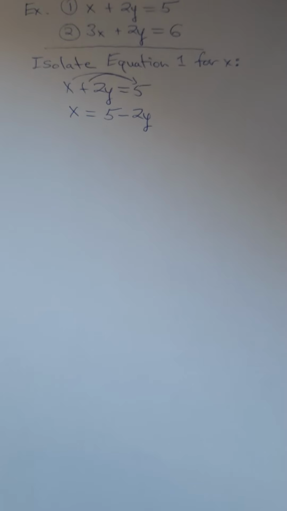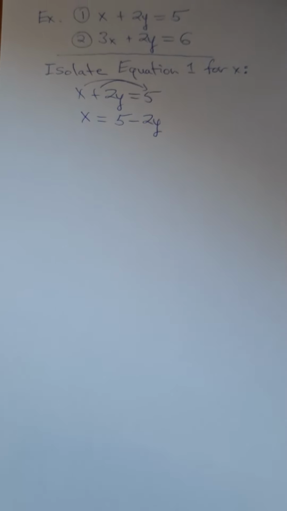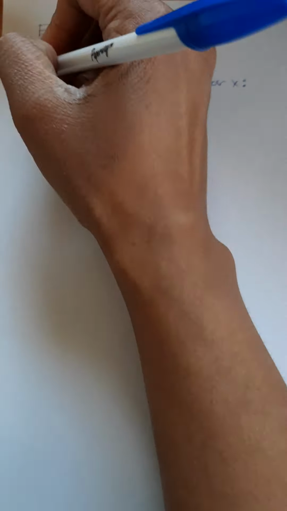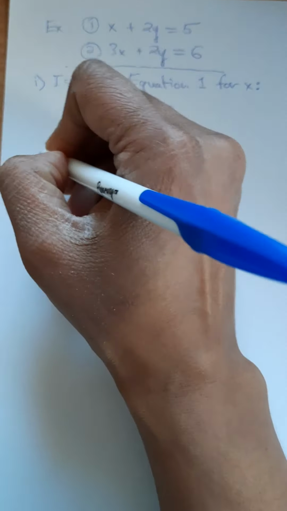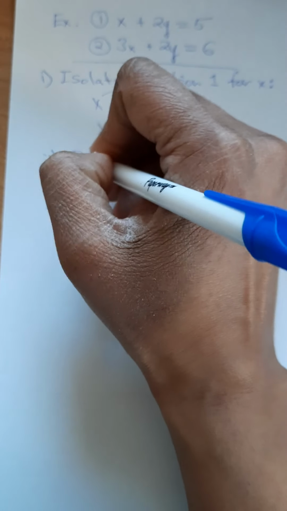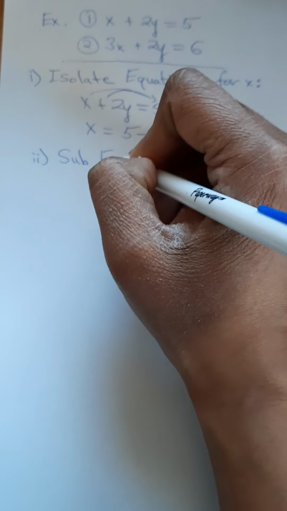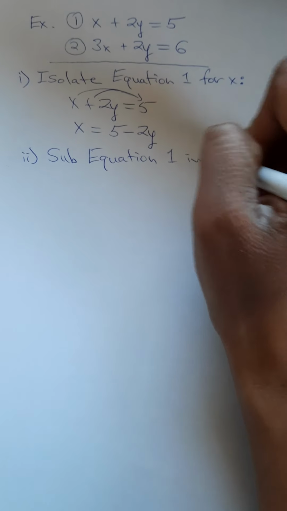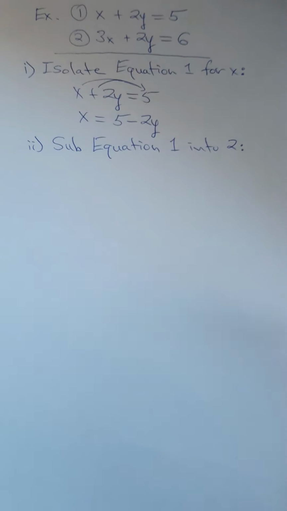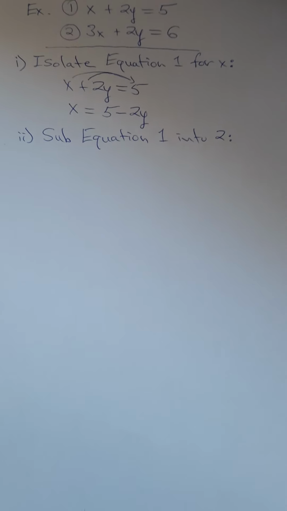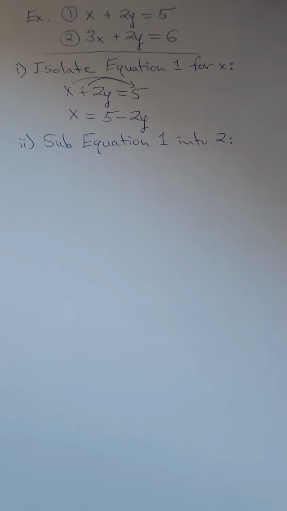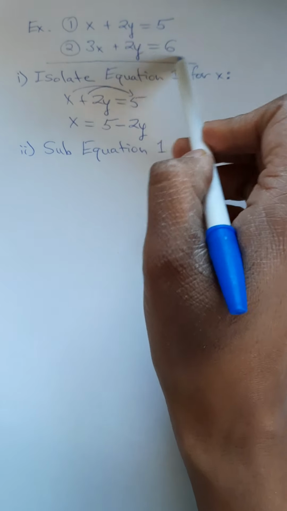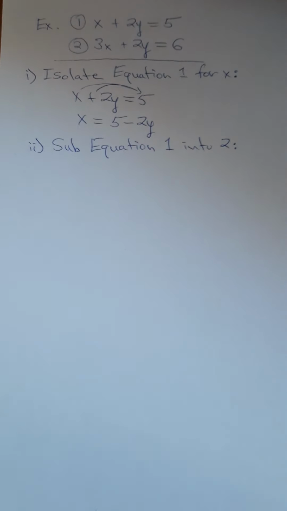Because we used equation 1 to isolate, I have to make sure I substitute it into equation 2. Let's write down the steps as we do it: sub equation 1 into equation 2. Remember, it doesn't have to be this way. If I did isolate for one of the variables in equation 2, I can substitute that back into equation 1.